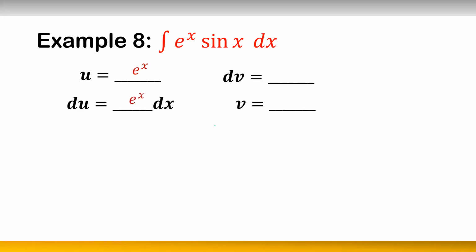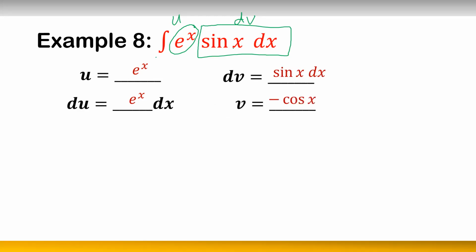So, ang ating derivative is just the same thing, e to the x. Pero dun sa kabila, if this is our u, and the rest of the parts becomes our dv. Kaya integral of u dv. So dv is sine x dx. That is integrable. Integral of that is negative cosine x.